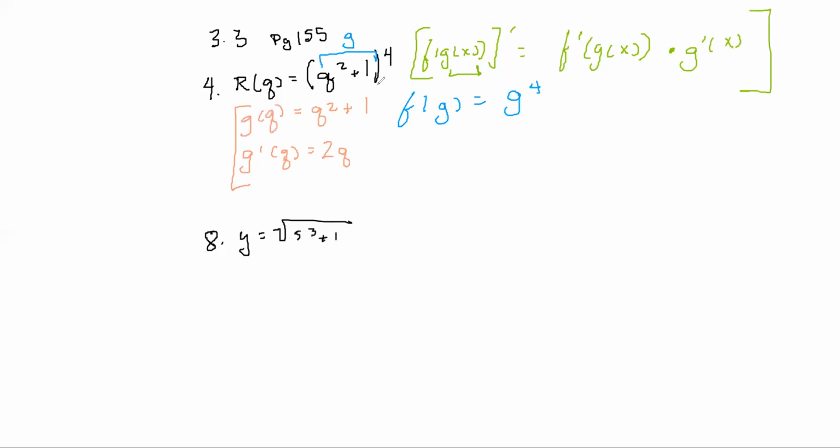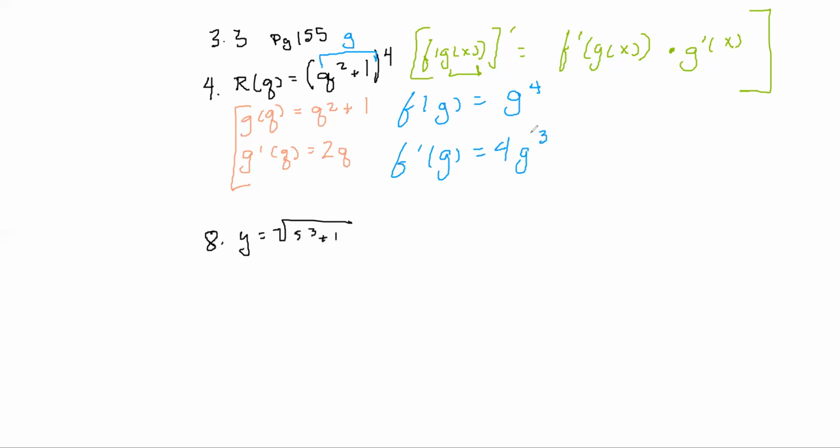If I take this whole thing and say that that is just equal to the variable g, then I can put g in here, and this is something I can work with. I can take a derivative of that. So f prime of g is equal to 4g to the 3rd, using our rules from section 3.1, which is the power rules.